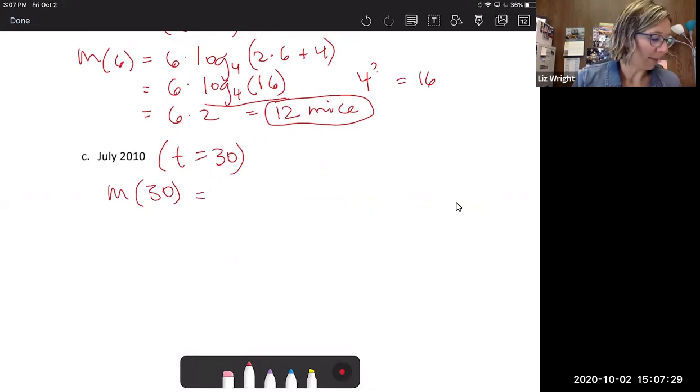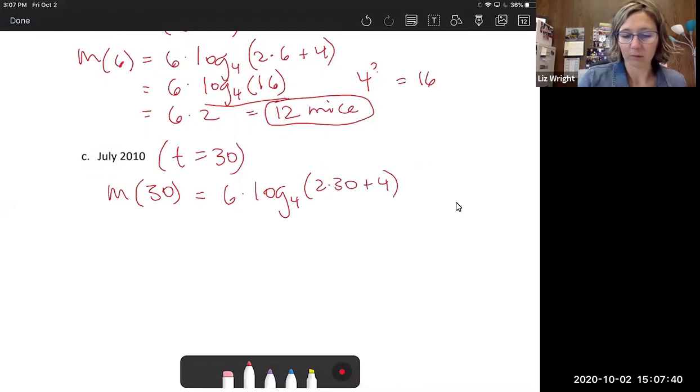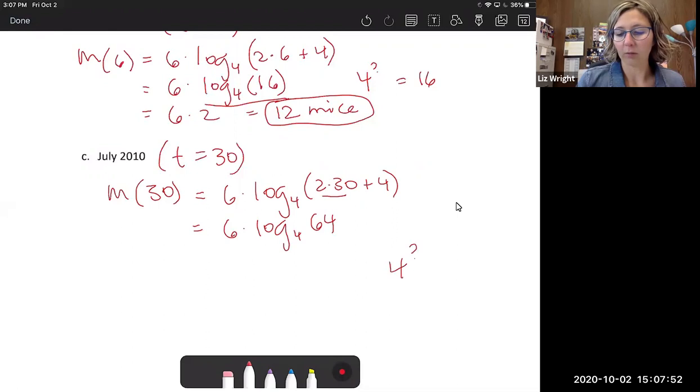Okay. M of 30 equals 6 times log base 4 of 2 times 30 plus 4. And that's going to equal 6 times log base 4 of 64, since 30 times 2 is 60, and then 64. So 4 to the what power is going to equal 64?